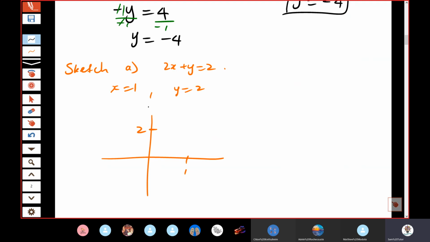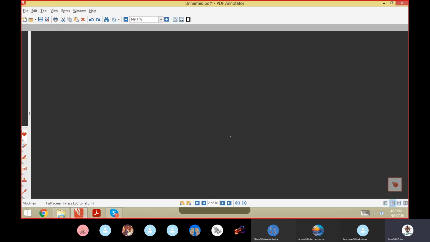Draw a line through them. Again, look, you've just graphed this line without having a table of values. So it's a little bit harder because of the equations, but it's a more powerful one.